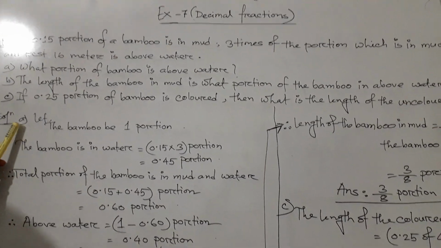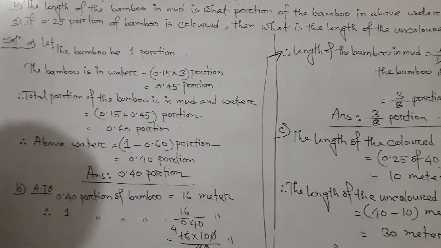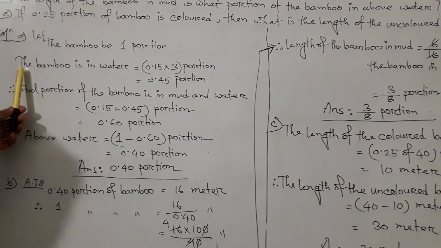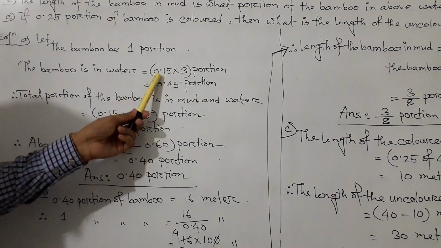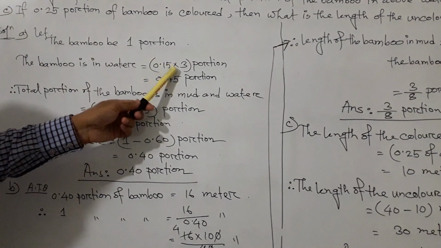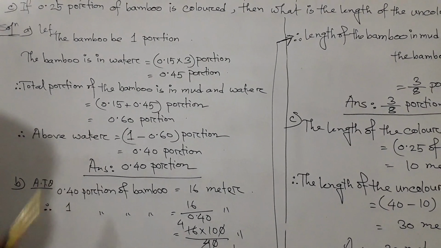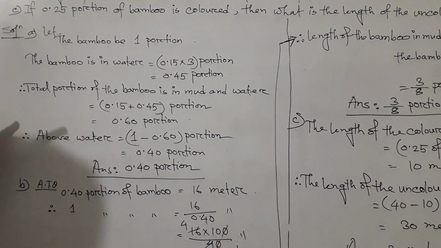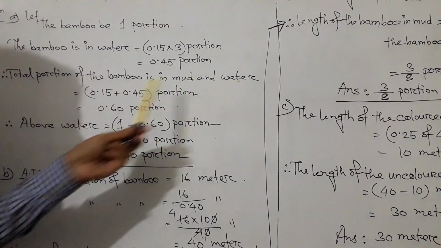So at first we write down, let the bamboo be 1 portion. Now we find in water: the bamboo in water equals 0.15 multiplied by 3. Now the result is 0.45 portion.